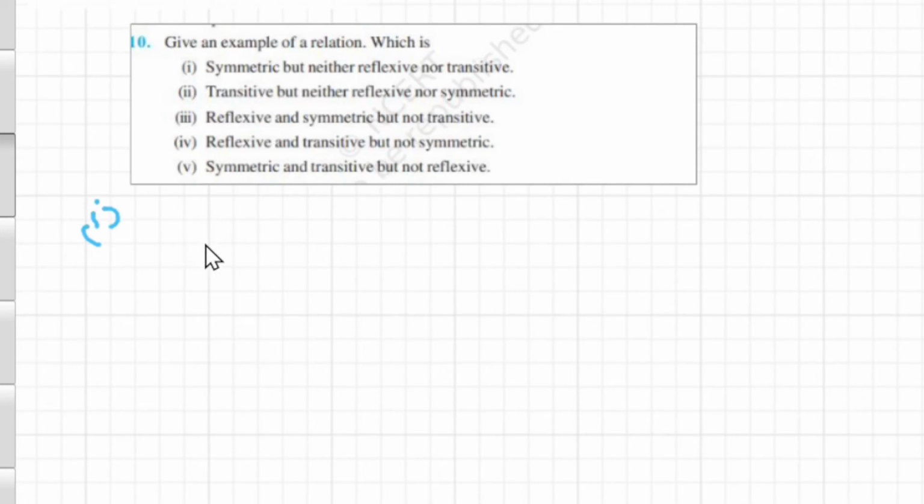Here, the first one is symmetric, but neither reflexive nor transitive. Suppose R is a relation on the set of all perpendicular lines.